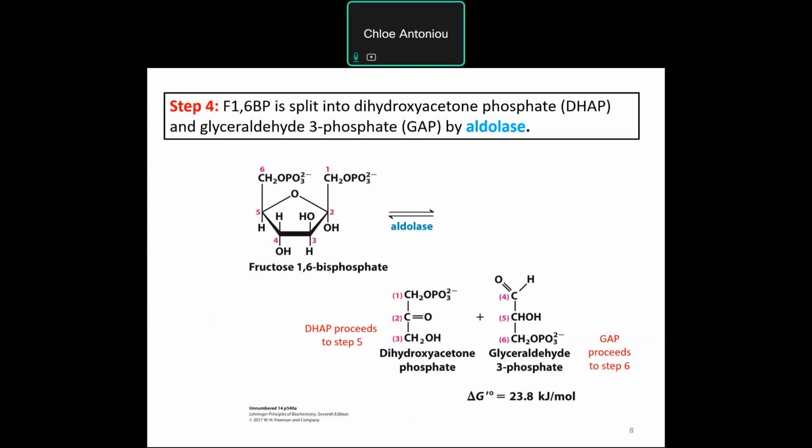Okay, so you split fructose 1,6-bisphosphate, you get DHAP and Gap. So you see here it says Gap proceeds to step 6, but DHAP proceeds to step 5. Now, mind you, we're at step 4. And so Gap can go all the way to step 6, but DHAP goes to step 5.